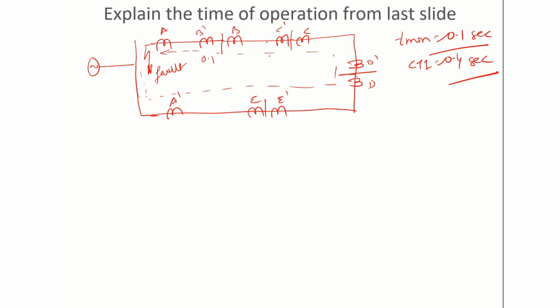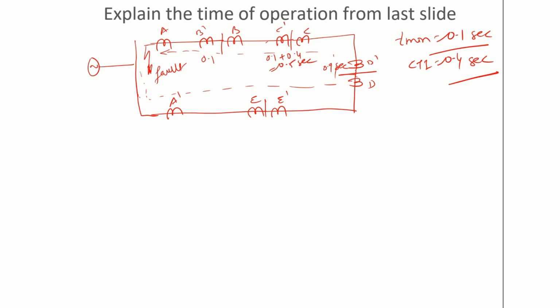So for C dash, the time of operation should be 0.1 plus the coordination time interval of 0.4, that is 0.5 second. If C dash fails to clear the fault, then D dash should clear the fault, and this time of operation will be 0.5 plus 0.4, that is 0.9 second.